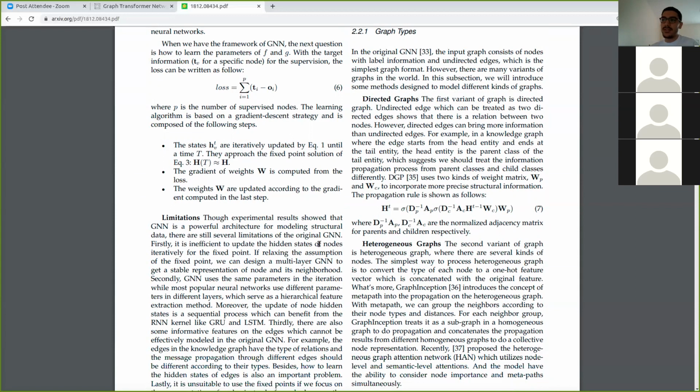You can relax the assumption of a fixed point and instead treat iterating on the function as analogous to a layer in a feed-forward network. In this way, you can design a multi-layer GNN, because sometimes having to iterate until the node representation converges can be expensive.